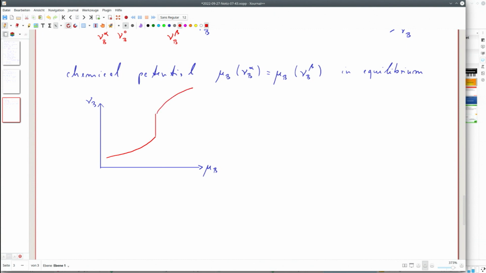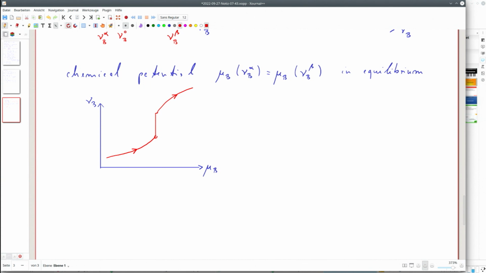Just a 90-degree rotation and inversion. Yeah? So you give a chemical potential to the system, slightly increases, and then suddenly it jumps to another value. I'll explain in a moment how we put a chemical potential into this Monte Carlo simulation.